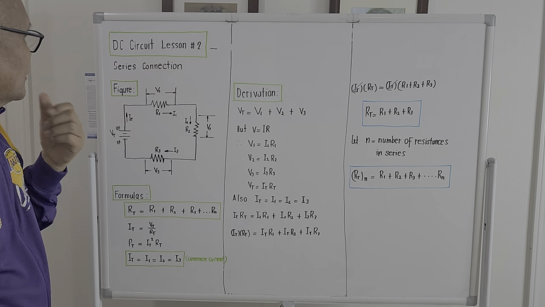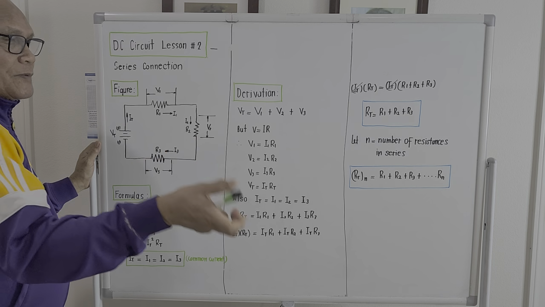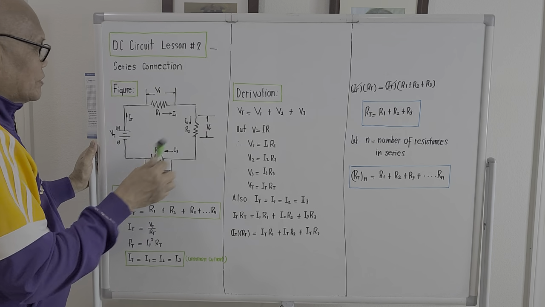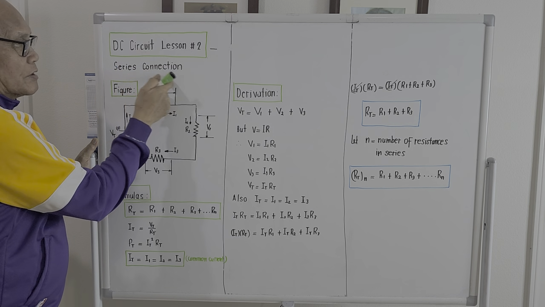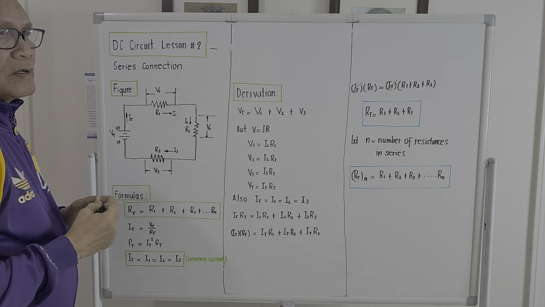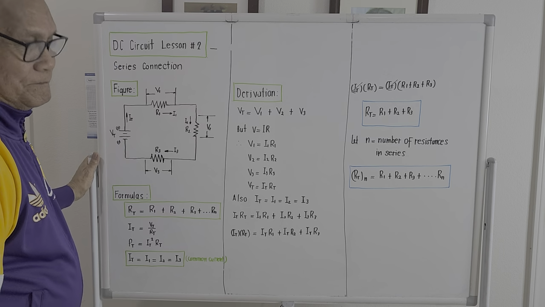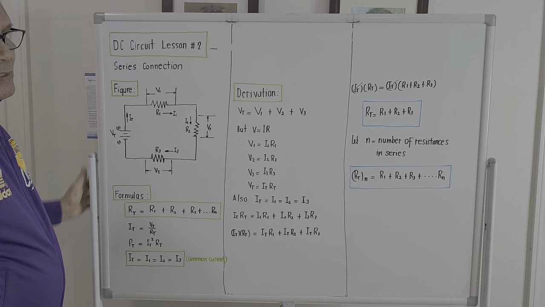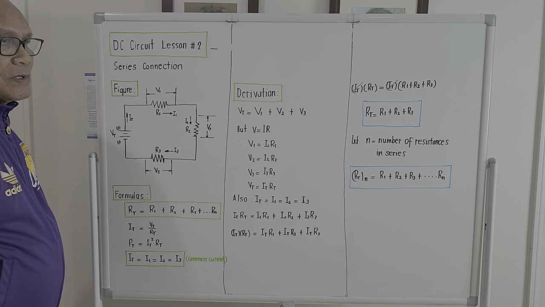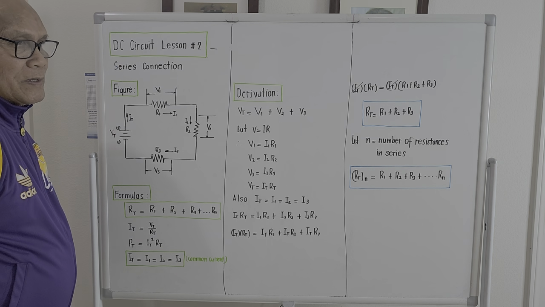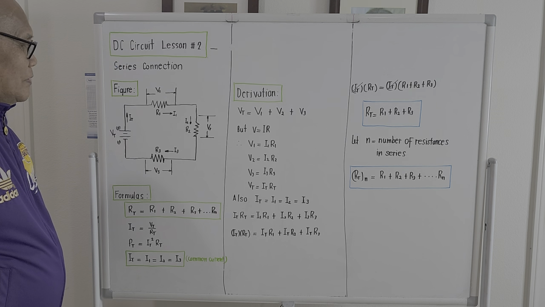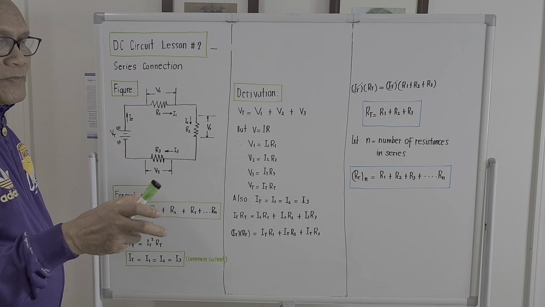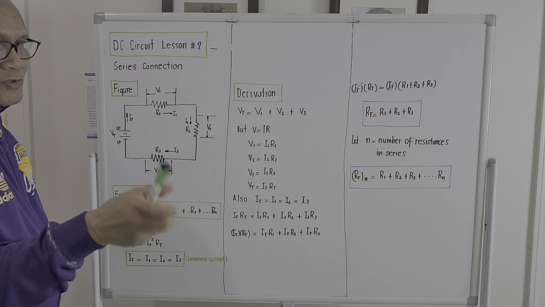Okay, let's proceed. The title of the topic for this morning is series connection. Series connection means the loads are connected by a line in such a way that the current passing through all of them will be the same.